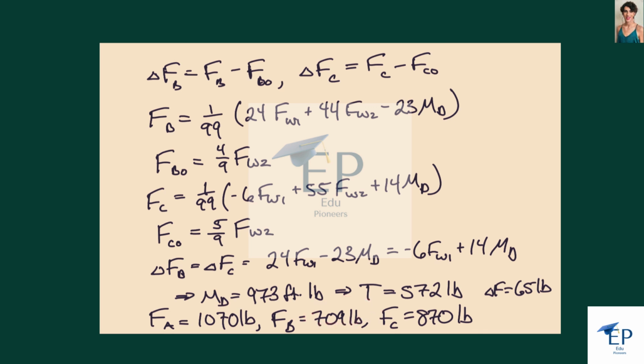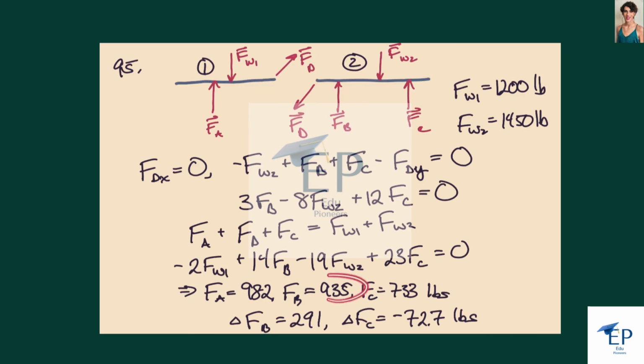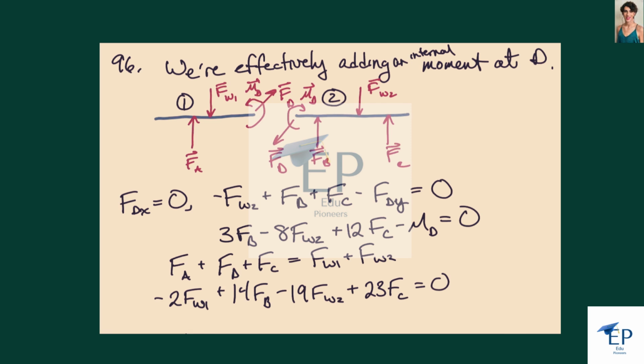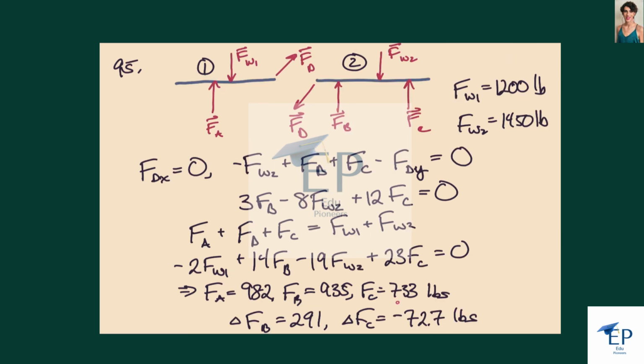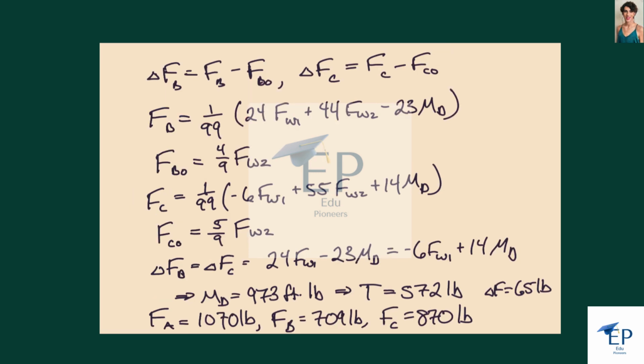So we can see that the load on the rear tires is now much less than it was before, but the load on the front tires is more. But the change is 65 pounds in each one of these. So we add 65 pounds, and if we subtract 65 pounds, that would be what the normal loads on the tires would be when there's no trailer involved.